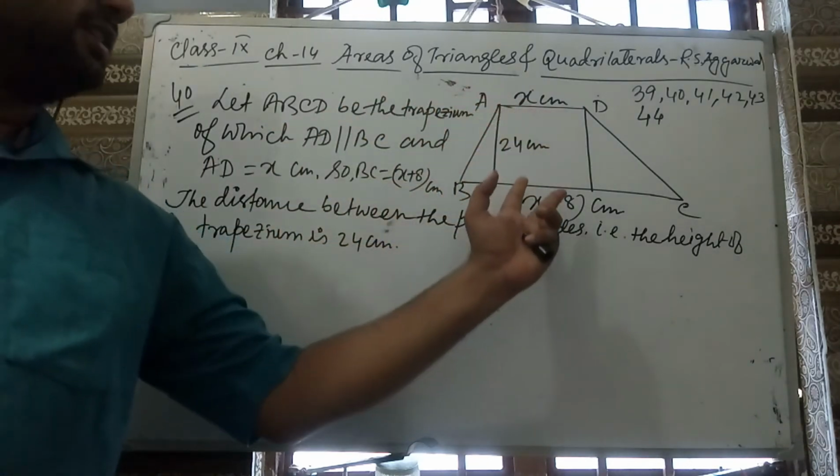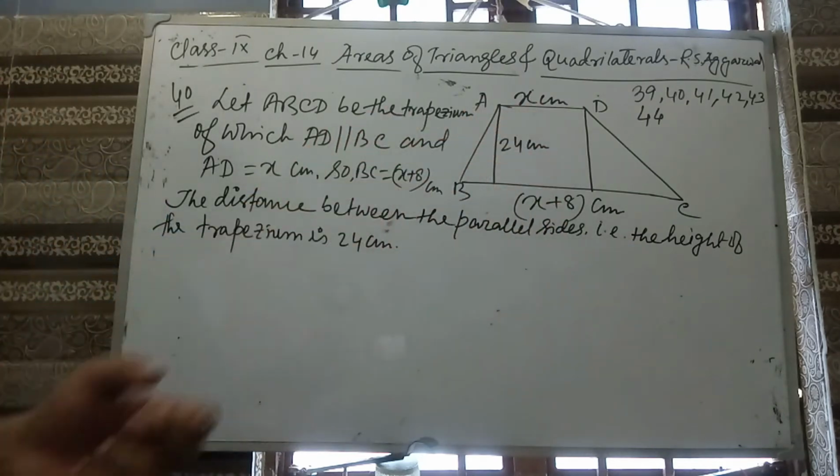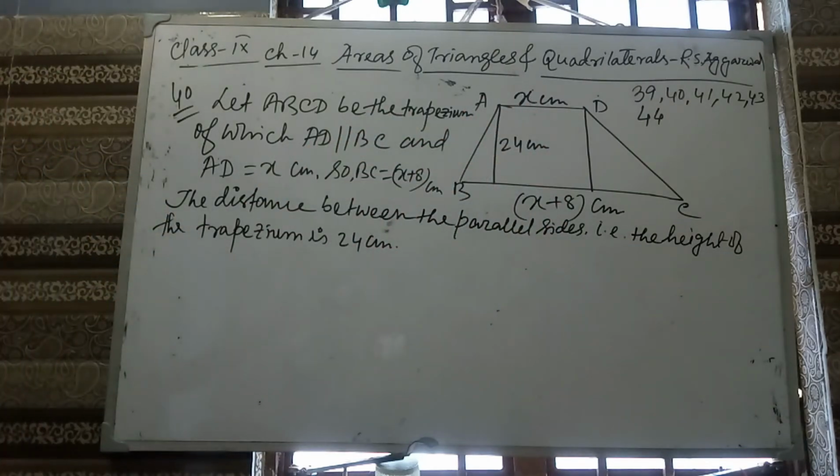You know the parallel sides in terms of x. One is x, another is x plus 8. You know the height, you know the area. So what you have to do? You have to use the formula of area of trapezium.